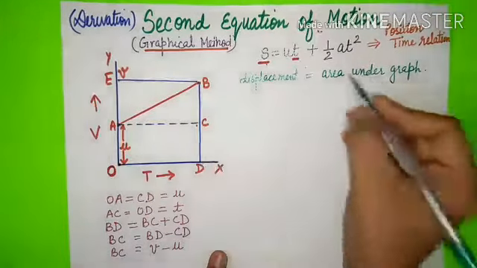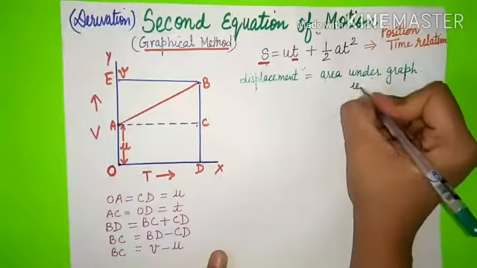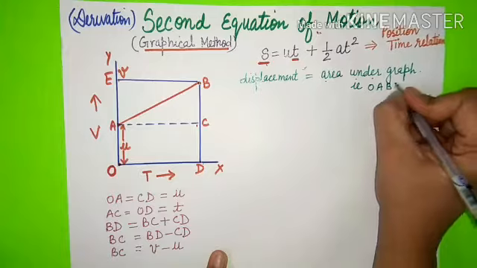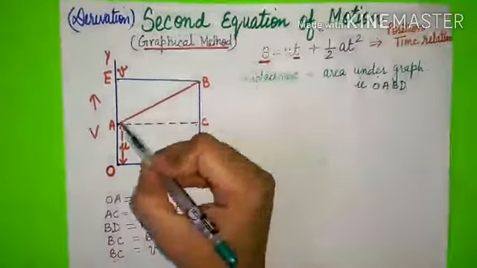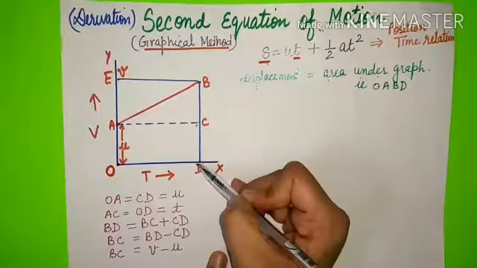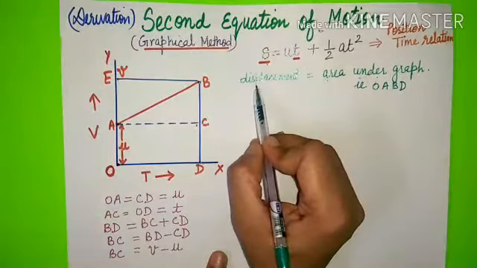The area under this graph is OABD. So in this VT graph, the area under the graph is OABD, and it is equivalent to the displacement.